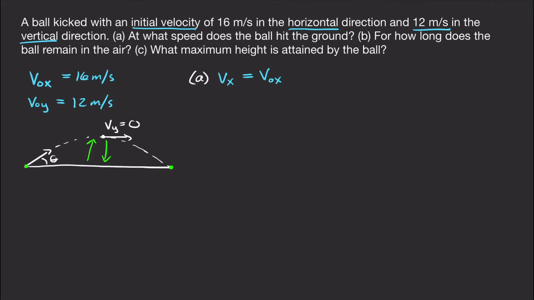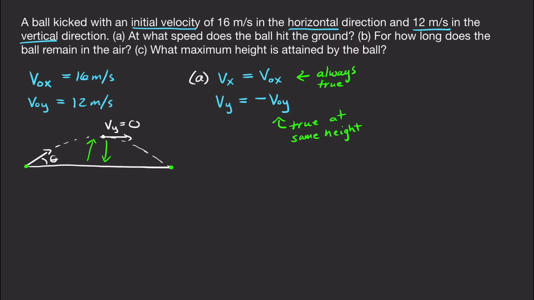So my y component of velocity is just going to be minus the initial y component of velocity. Okay? So this is always true in projectile motion. And this is true when your object lands at the same height at which it was launched.